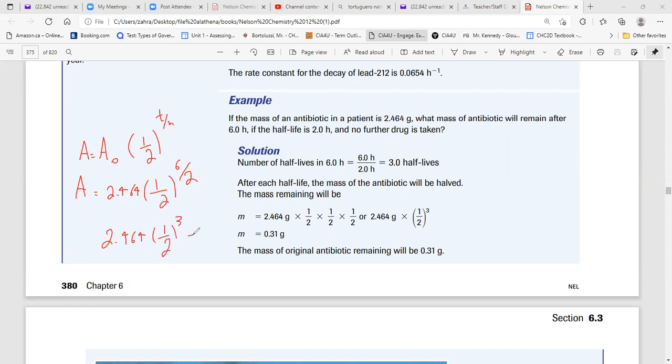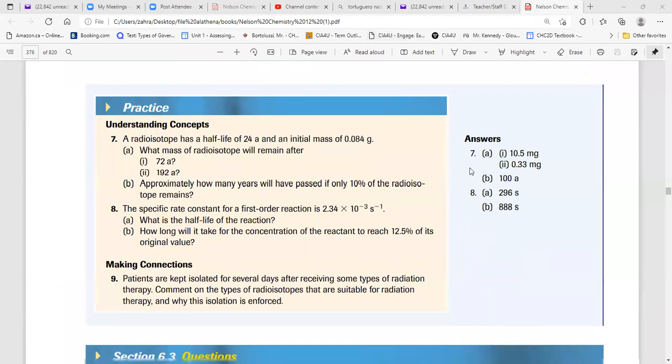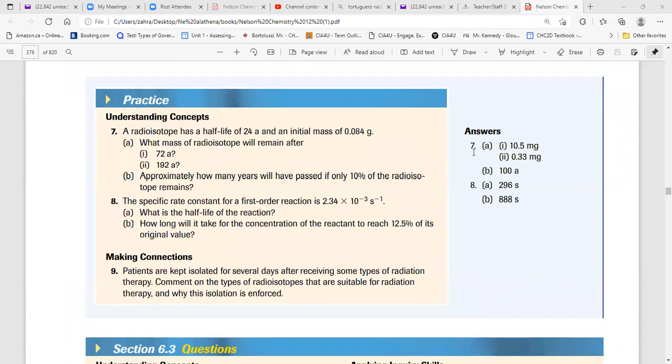You use your calculator, you'll get 0.31 gram. Because this is in gram, the answer will be in gram. Okay, so to practice, you can do question number 7.